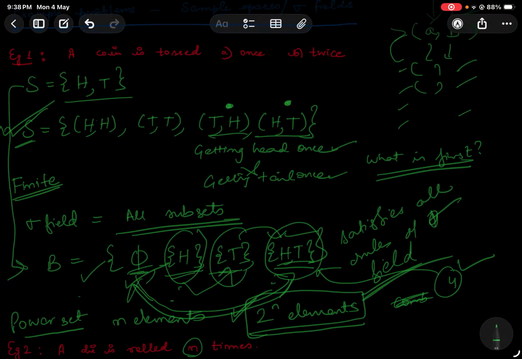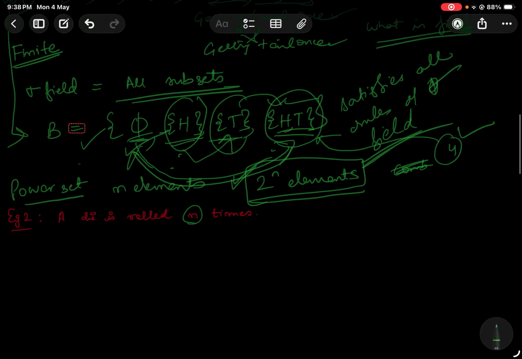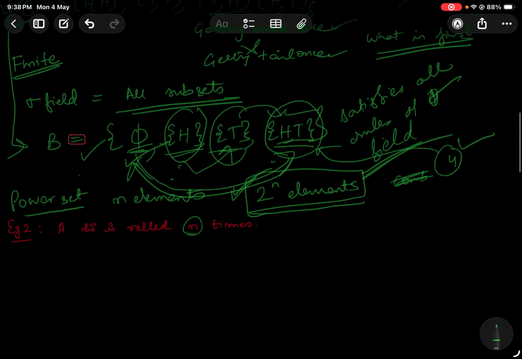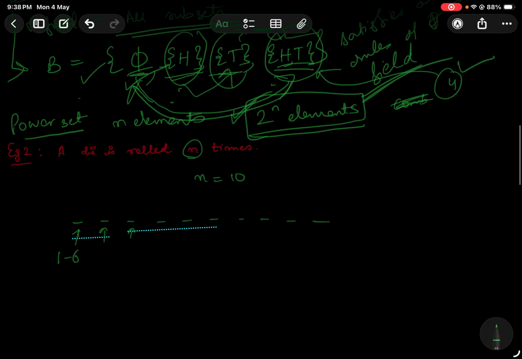Okay, great. Now suppose a die is rolled n times. So suppose n is 10. 1, 2, 3, 4, 5, 6, 7, 8, 9, 10. And each of these 10 blanks can take numbers from 1 to 6, right? 1 to 6. So what is the sample space?